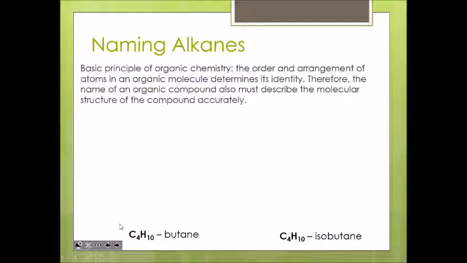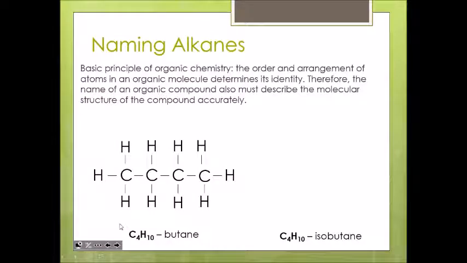We need to look at the order and arrangement of the atoms and the way that they are spaced. How are they attached? Are they just a straight chain? Are they a branched chain? How does it look? So there's a whole different grouping when it comes to writing out the formulas and the naming for different organic molecules. For now, we're going to stick with naming alkanes.